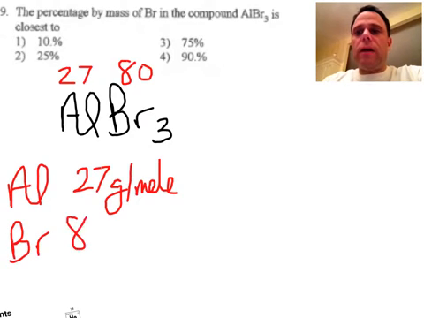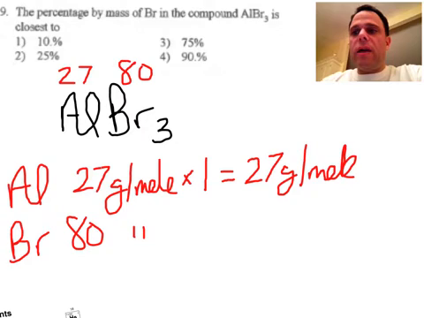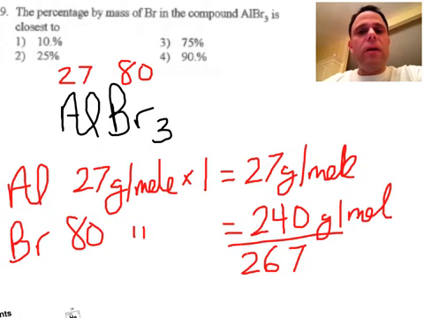Bromine, 80 grams per mole. We have 1 aluminum, so our total mass from aluminum is 27 grams per mole. And for bromine, it is a total of 240 grams per mole, giving us a total of 267. So the question now is, what percentage comes from bromine?